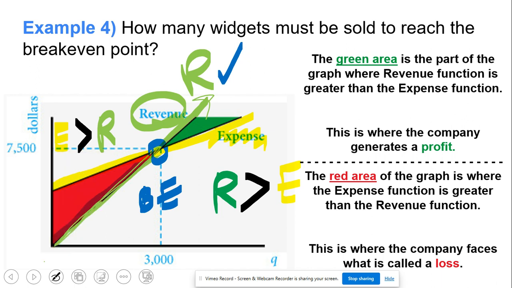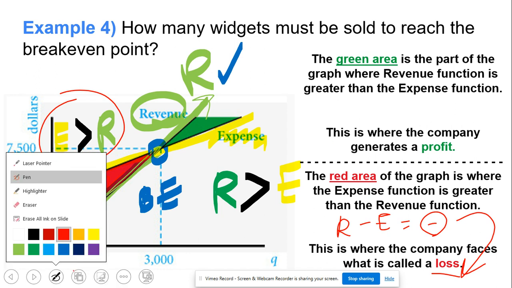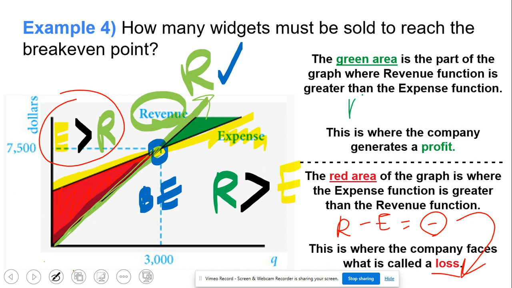Obviously, that's going to be a bad thing. This area right here is going to result in a loss, meaning we're not making any money. Whenever your revenue minus your expenses is equal to a negative number, that's when we're going to face a loss. Or whenever the expenses are bigger than those revenues, we're going to face a loss. So this is just a nice little graphical representation. I can say the same thing for whenever revenue minus expenses is equal to a positive number. That's going to give us a profit.